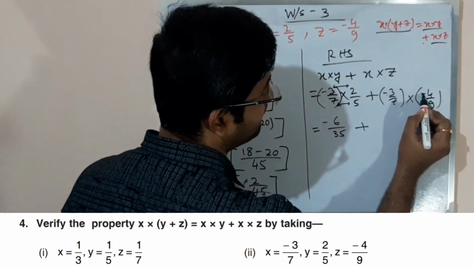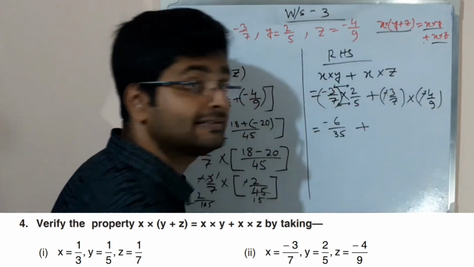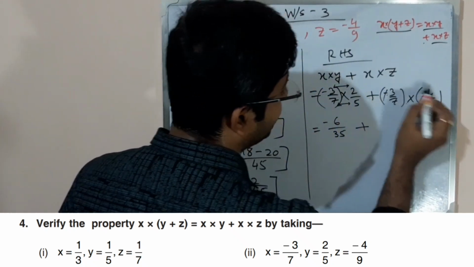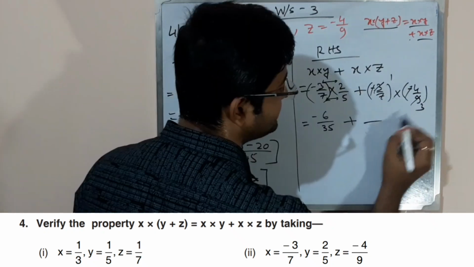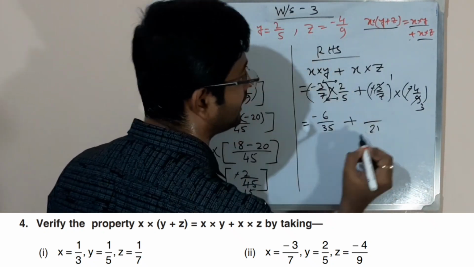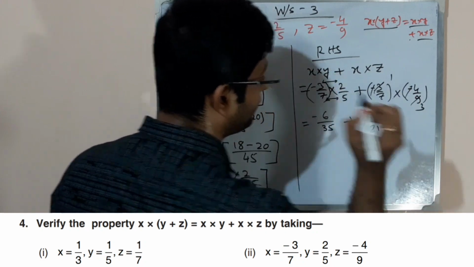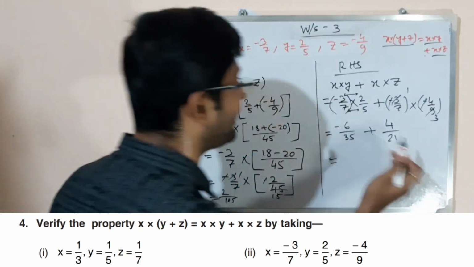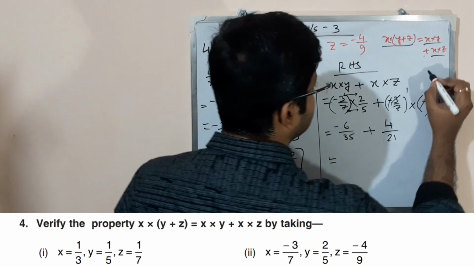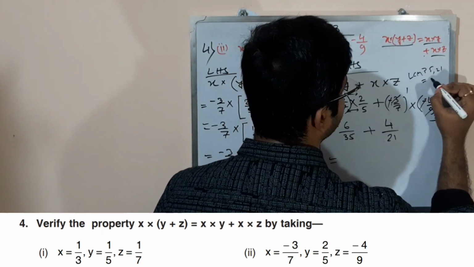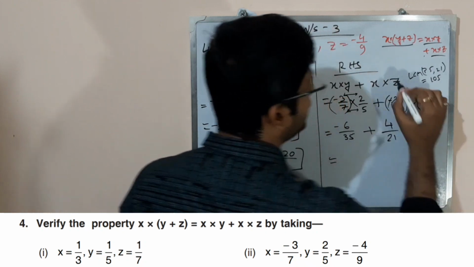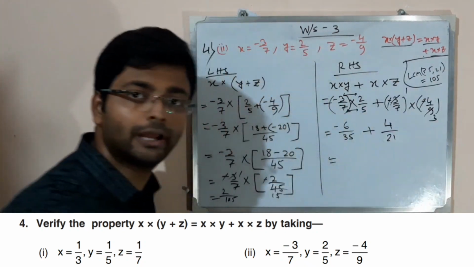Then plus, see, minus plus, remove the confusion. So again nothing can be cancelled, 3 1s are 3, 3 3s are 9, 3 7s are 21, and this is 4 1s are 4. The LCM of 35 and 21 gives 105 only. You can do this work in the rough, okay.